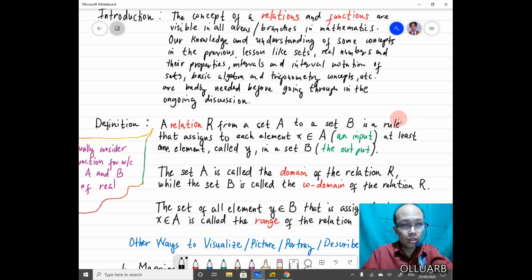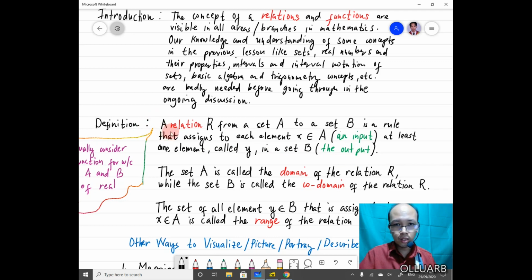The other term for a rule is a governing rule that assigns to each element X in the set A, which is called an input, at least one element called Y in a set B, called the output.